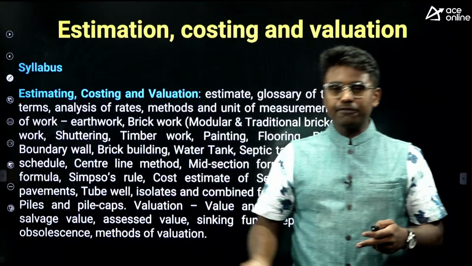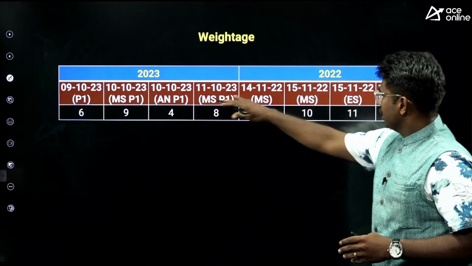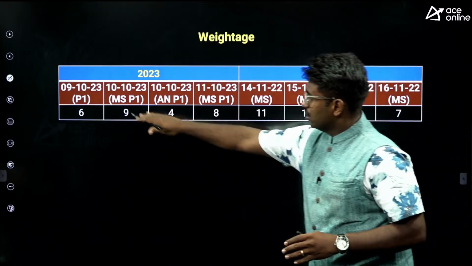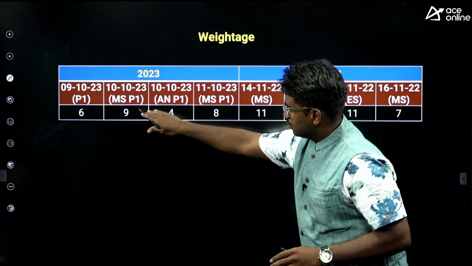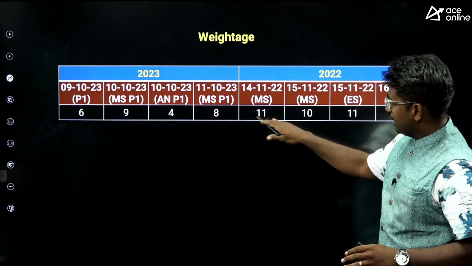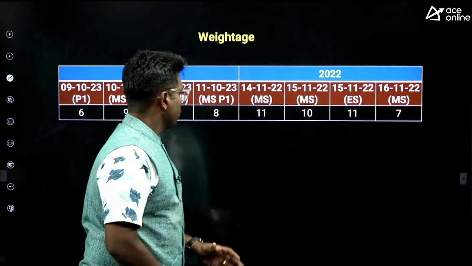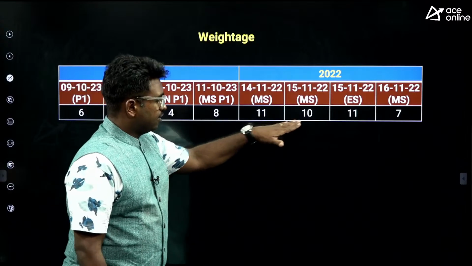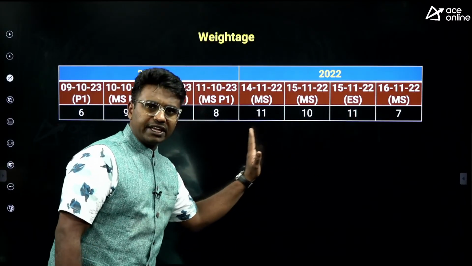If you see the weightage of previous years, we have around 23 and 22. In paper 1 we have 6 questions. In the mains morning session, we have paper 9. Then 4, 8 for 2023. For 2022, we have around 11, 10, 11, and 7. There's not much variation.